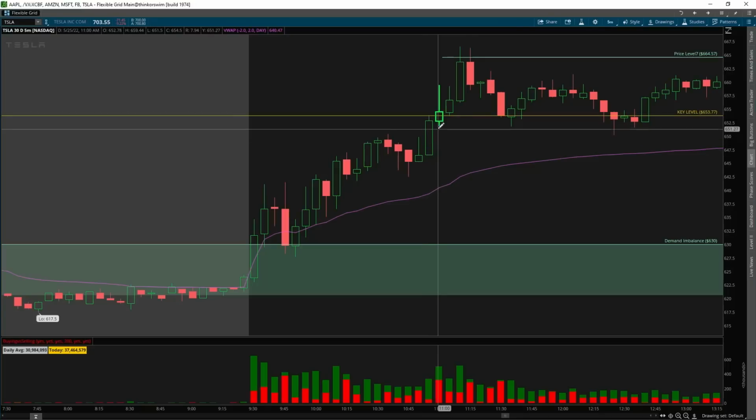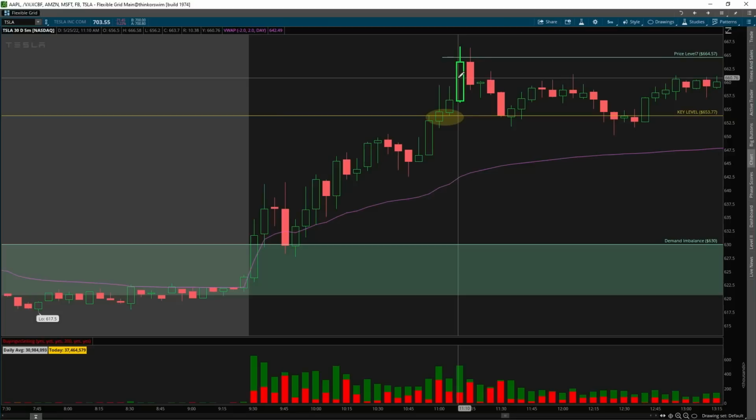So if we were to get long up here on Tesla, some nice buying pressure that came in, this setup did work, right? So we're long above this yellow resistance level. Maybe our stop, where our analysis is wrong, is about 638. So we're risking about 15 points to make about 10 points. Not a very good risk to reward using traditional technical analysis.